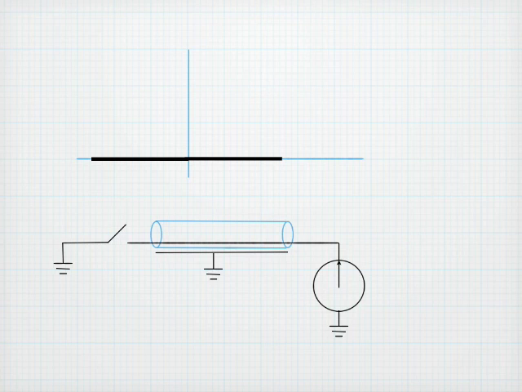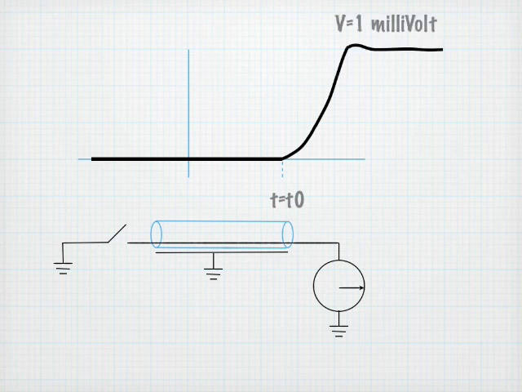I mean, there's nothing that will cause it to move away from 0 volts. But at any time t equals t0, so let t0 equal the time where it starts to fire off, it can just start ramping up in voltage. And it will ramp up until it reaches about 1 millivolt and saturate out. So that's basically the score here.